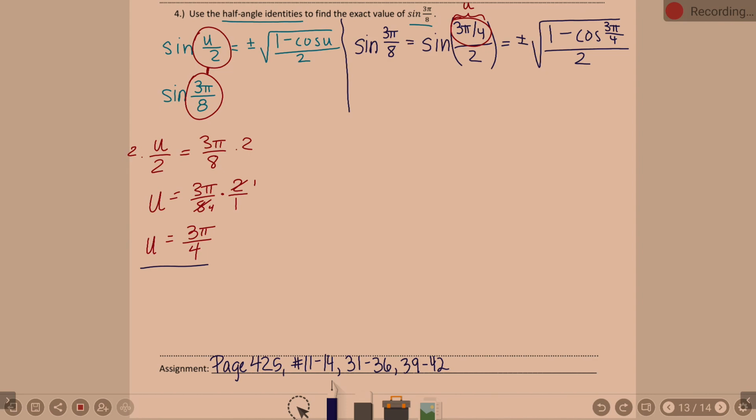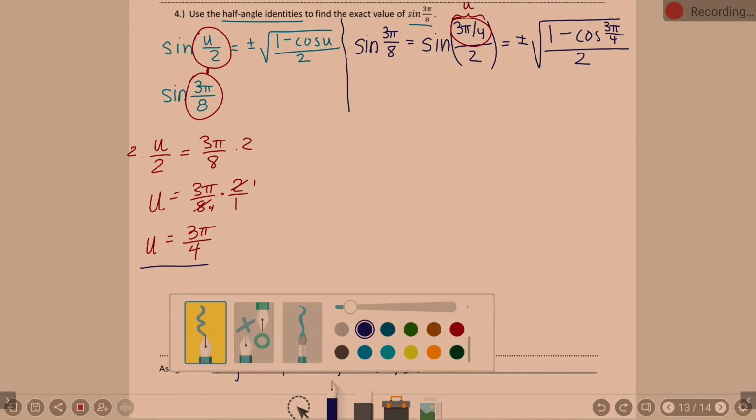Let's see. One thing we're going to have to decide is plus or minus. What is it we're trying to find the value of? Sine of 3 pi over 8. What quadrant is 3 pi over 8 going to end up in?